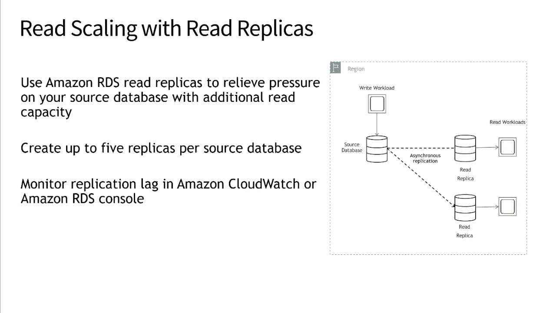You can add up to 5 read replicas per database in RDS MySQL, and the replication lag is low, and you can monitor it using our standard monitoring tools. So in this case, you can direct your read workloads to any of these replicas, and it's getting replicated continuously. So this is for scalability purposes.